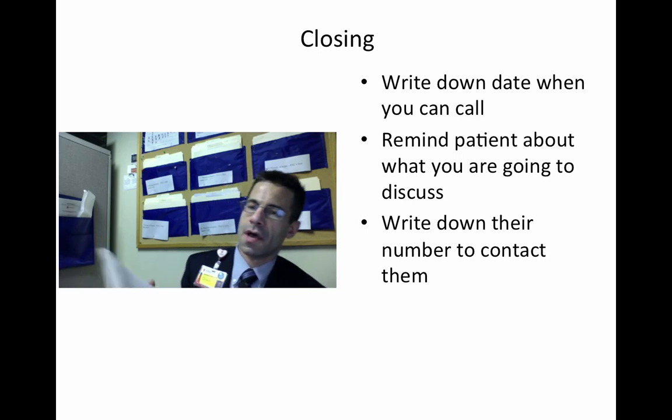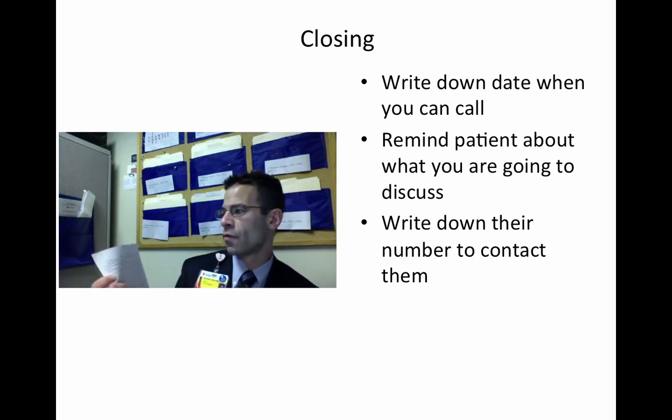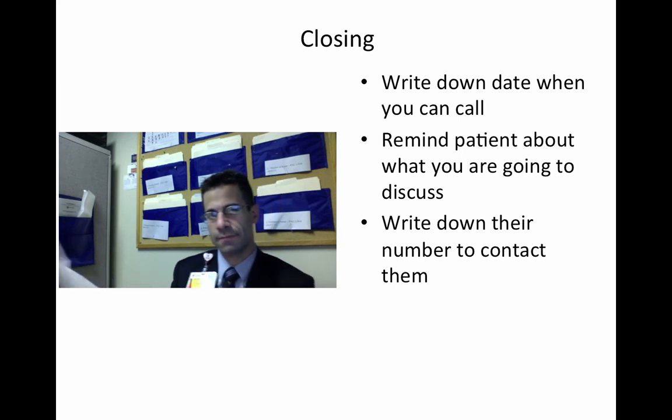So on your encounter form, you'll write down when you plan to follow up with them. You can just remind the person you're talking to of what you're going to be discussing. So, "I'm looking forward to talking about you going to volunteer once at that center that you talked about." And then write down the telephone number that you are going to use to reach them.